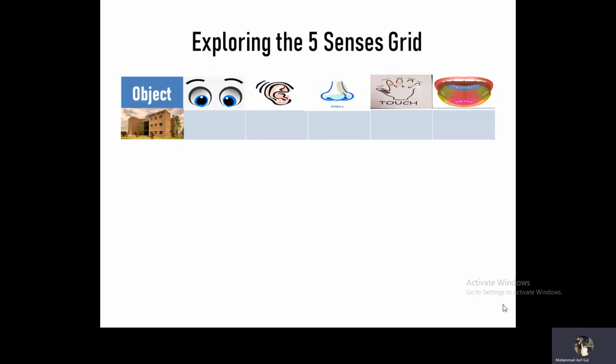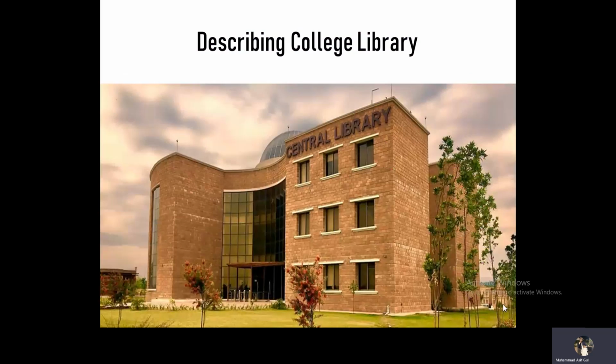So let's go ahead. We have to first describe its outer look, and here we can see that this is a brown brick building, a 3-story building, and there is lawn all around it, and then there are windows and a glass wall, and all these things we can see.